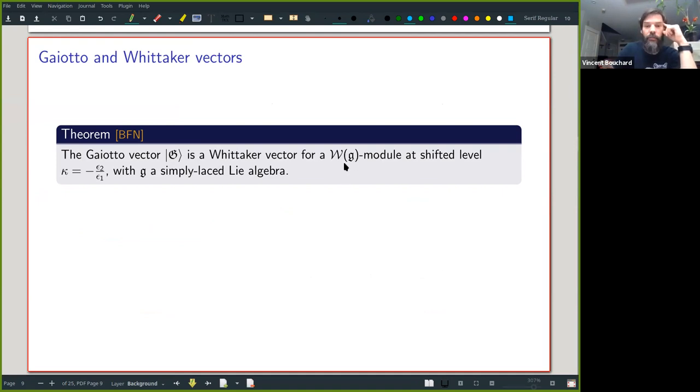In the case I'm focusing on in this talk, it is GL_R. And there's a particular level. Each of these W algebras comes with a level. Here we're looking at a particular level, which is given in terms of epsilon1 and epsilon2, the standard parameters in your supersymmetric gauge theory. That's basically the theorem. So what we're trying to construct is Whittaker vectors for these Verma modules for W algebras at this particular level.